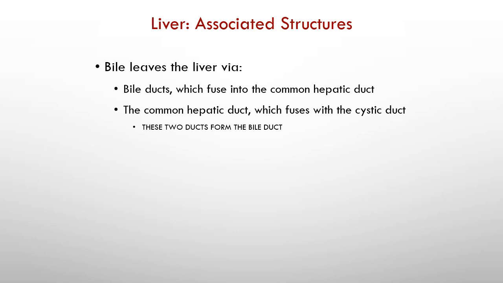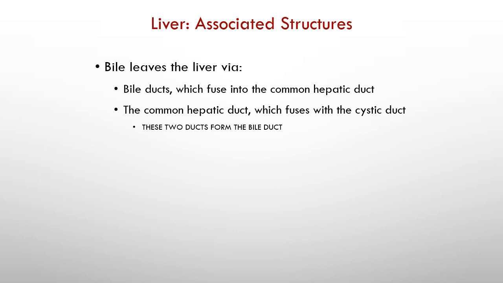When we look at the liver itself, one of the functions that it has is the production of bile, and bile is going to be produced in the liver and transported out towards the bile ducts themselves. Those bile ducts are going to make it into right and left hepatic ducts, and then eventually into the common hepatic duct, which then continues on, and its continuation becomes the common bile duct, but it also has an offshoot called the cystic duct.